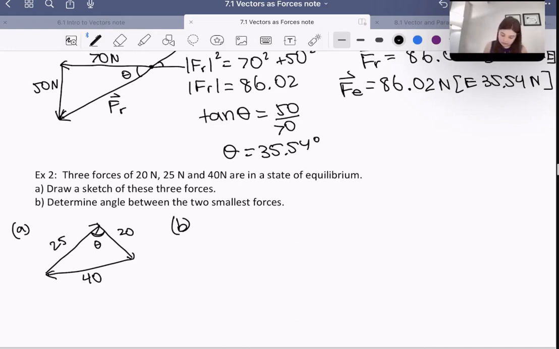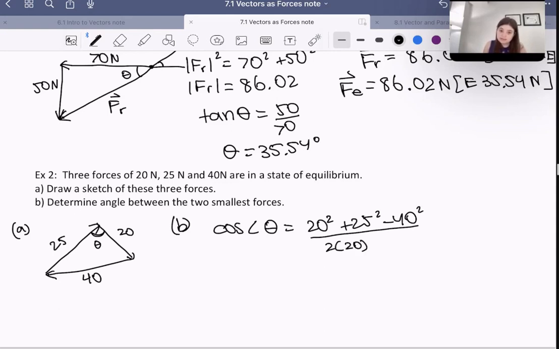So let's do it. Cosine of angle theta is equal to 20 squared plus 25 squared minus 40 squared over 2 times 20 times 25.